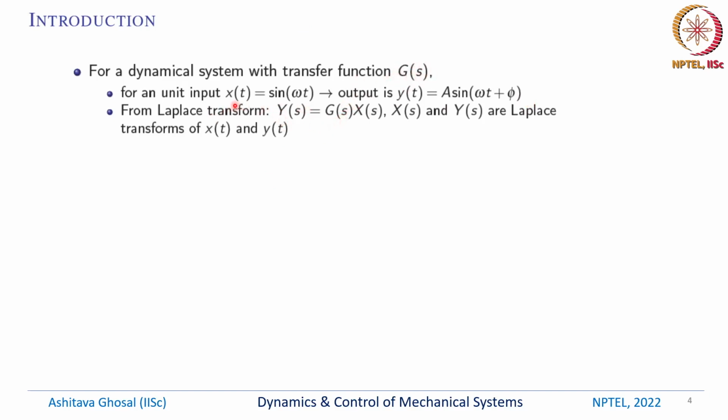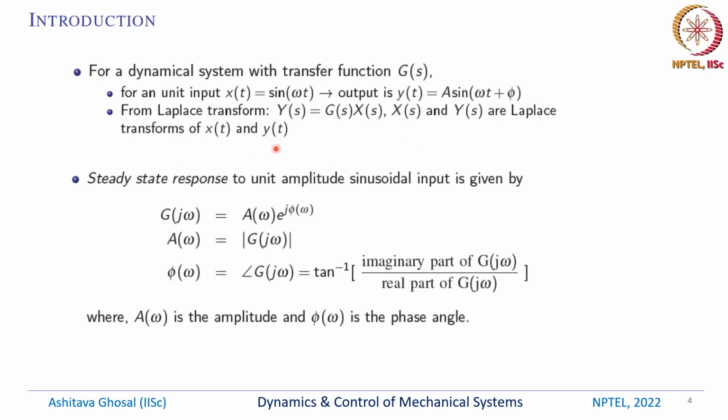If you look at the Laplace transform of the input x(t), which is given by X(s), and the output Y(s), from Laplace transform we know that Y(s) is given by G(s) into X(s). Okay, so X(s) and Y(s) are the Laplace transforms of x(t) and y(t).